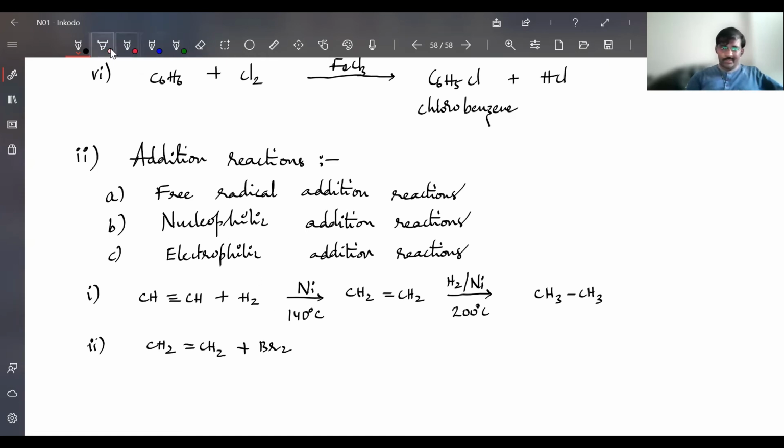Here there are two hydrogens: one hydrogen is attached to this carbon and another hydrogen to this carbon, and here also the same thing is happening, for each carbon one hydrogen attached. So if I add bromine to the double bonded carbon, I'll get CH2Br here and CH2Br here. Both the bromines attach. Initially it was an sp2 carbon, and now it became an sp3 carbon.